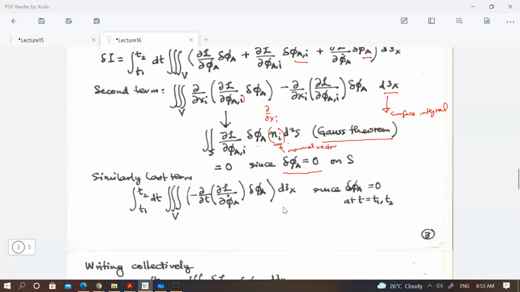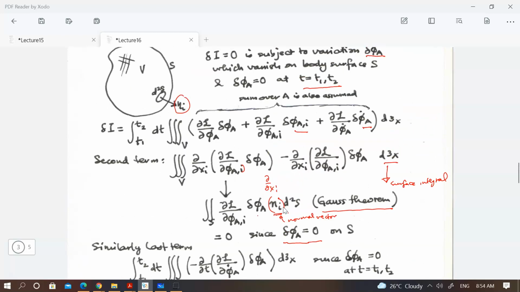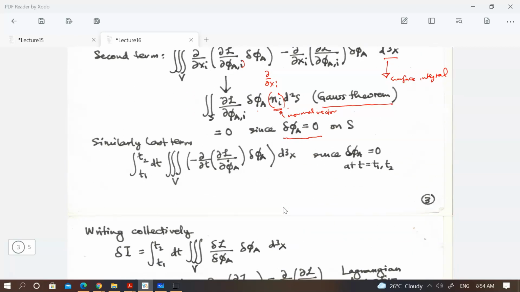Similarly for the case of the time derivative, which we already mentioned earlier, we want to fix your field variations at the initial time and then your final time, so the field values are actually fixed at those points.